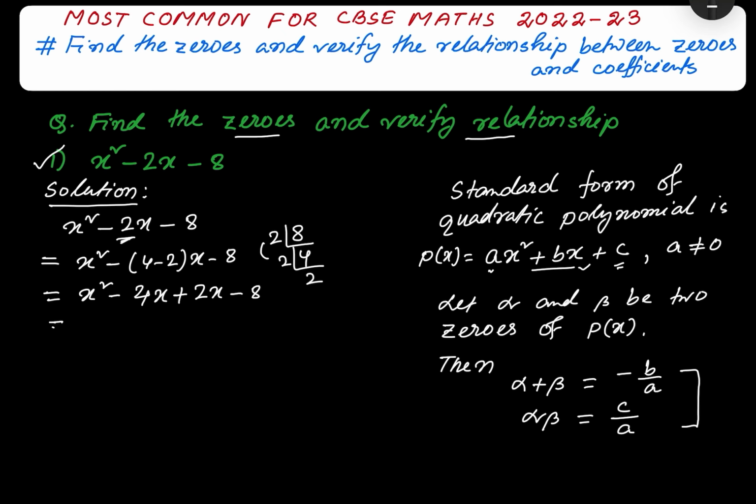Now take common x from the first two terms, it will be x minus 4, and from the third and fourth term take common 2, so again it will be x minus 4. Now x minus 4 we can take common, so it will be x plus 2.